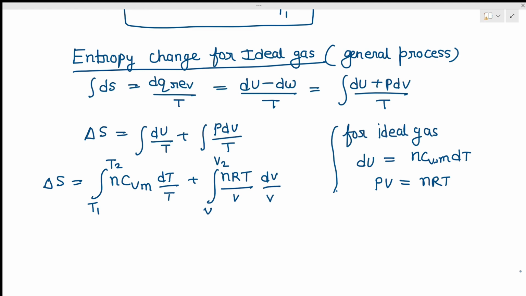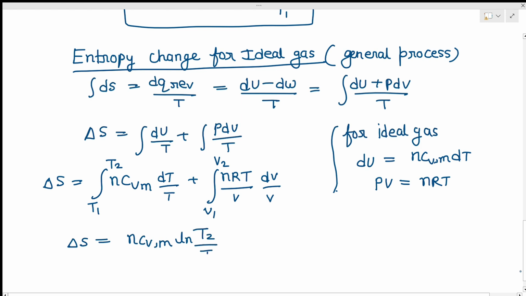So what are you getting? You are getting delta S is equal to n Cvm ln T2 upon T1 plus nR natural log of V2 upon V1. This one is the most important formula.